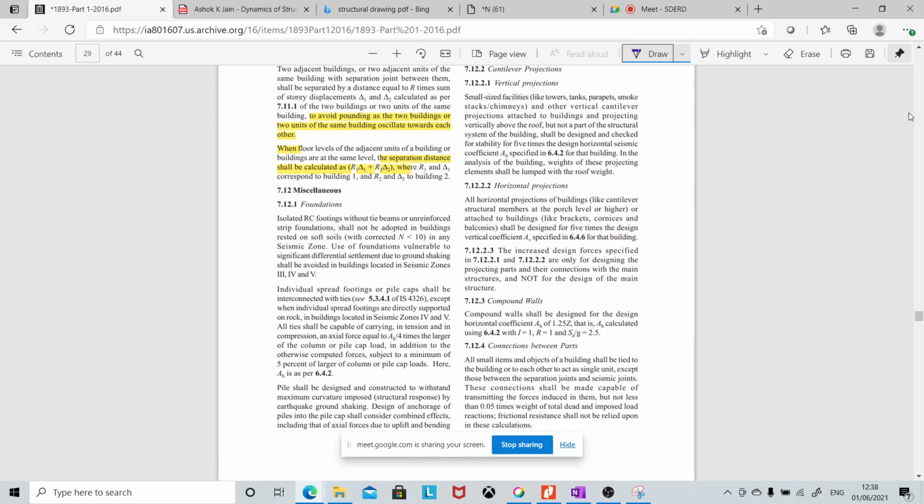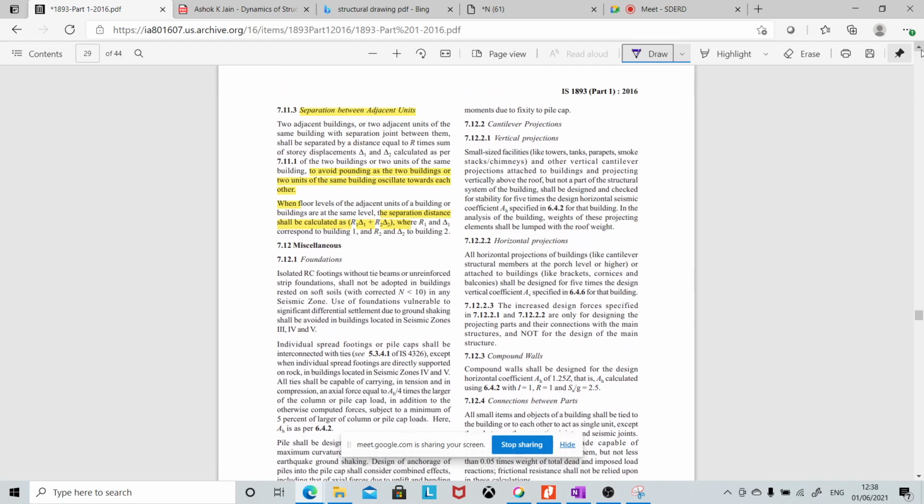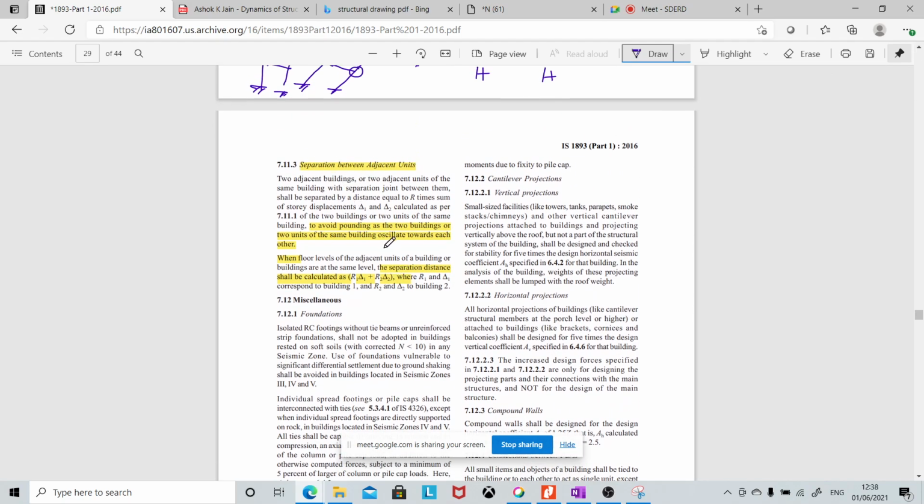Another important thing is spacing between buildings. If two buildings are close to each other, what will happen? They will vibrate and collide. That is known as pounding.